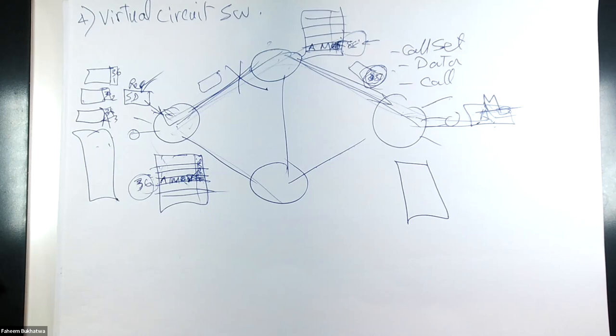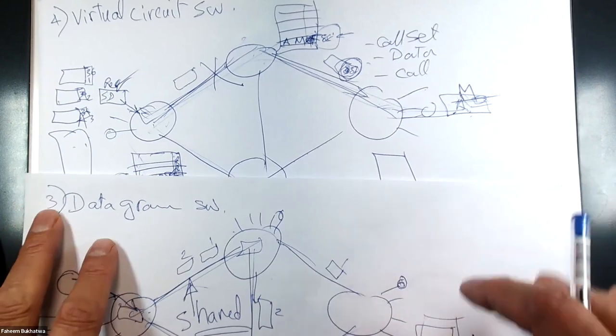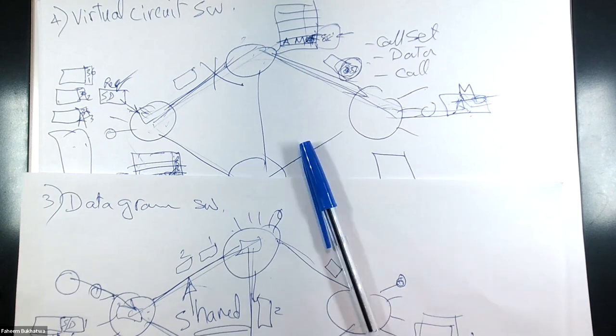Same with a video call, it's better to have virtual circuits rather than datagram. Of course, the calls we have on Messenger and WhatsApp go through datagram switching networks. So if the number of users is low, then you get a good quality. The more users come into the network, the quality starts to degrade.